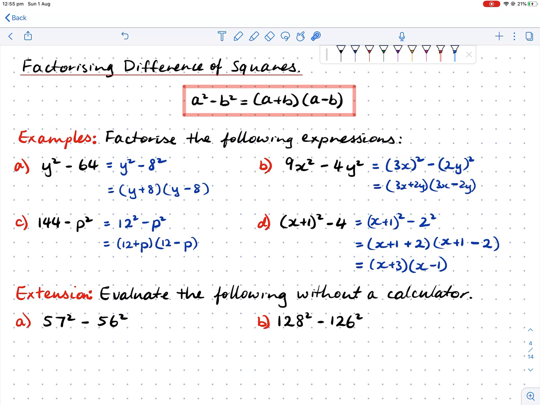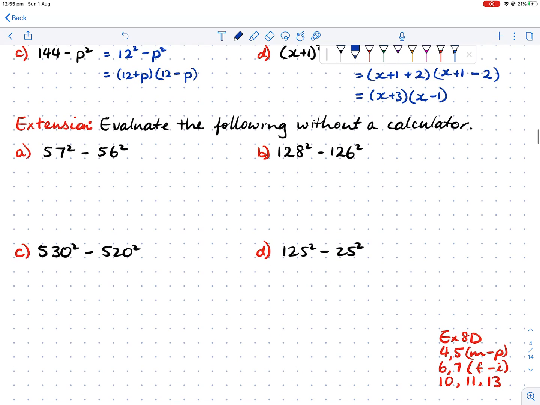One of the really useful things about difference of squares is we can actually use it to calculate values without using a calculator. So we can look at these squares. If I want to work out these differences of squares, I can work them out quite quickly now. If I look at this first one, we've got 57 squared minus 56 squared.